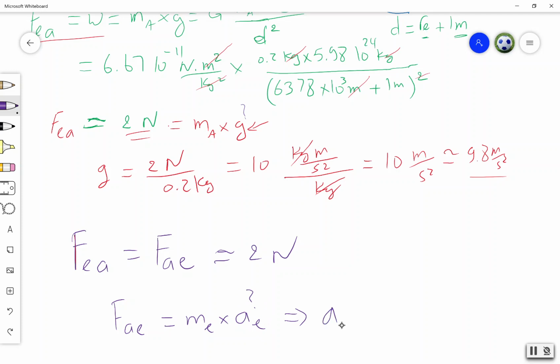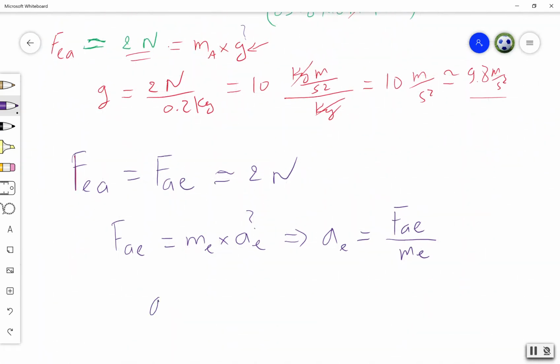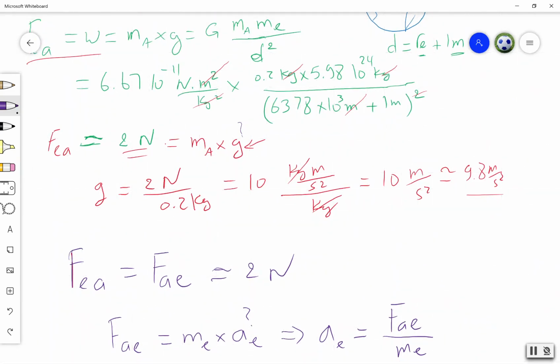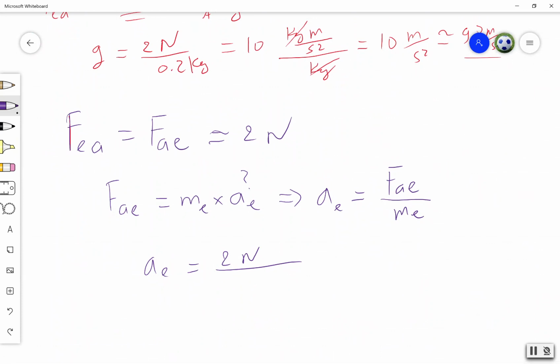So A Earth equals F apple-Earth, the force exerted by the apple on the Earth, over the mass of the Earth. Let me now plug in the numbers. A Earth equals 2 Newtons divided by the mass of the Earth, which is 5.98 times 10 to the 24 kilograms.